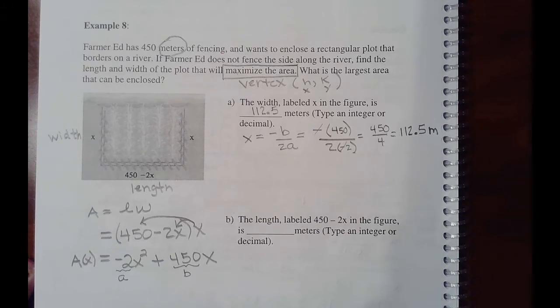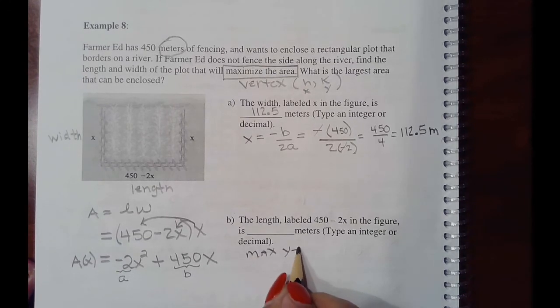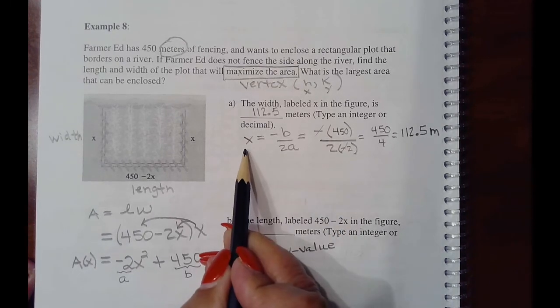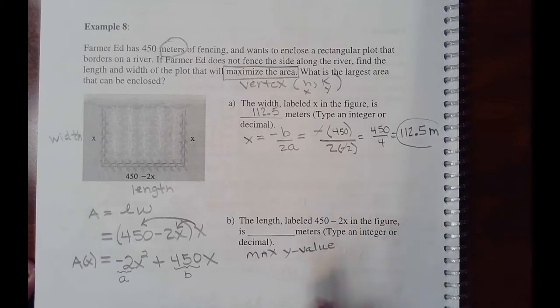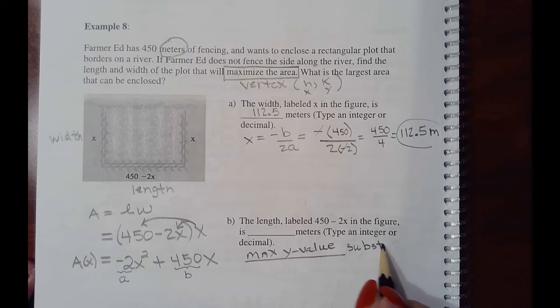Again, with respect to maximizing the area. So if you want to find the maximum y value associated with the x at the vertex, then all you have to do is plug this value into the function. So you're going to find the maximum y value, as we always have, by knowing what the x value is at the maximum point.